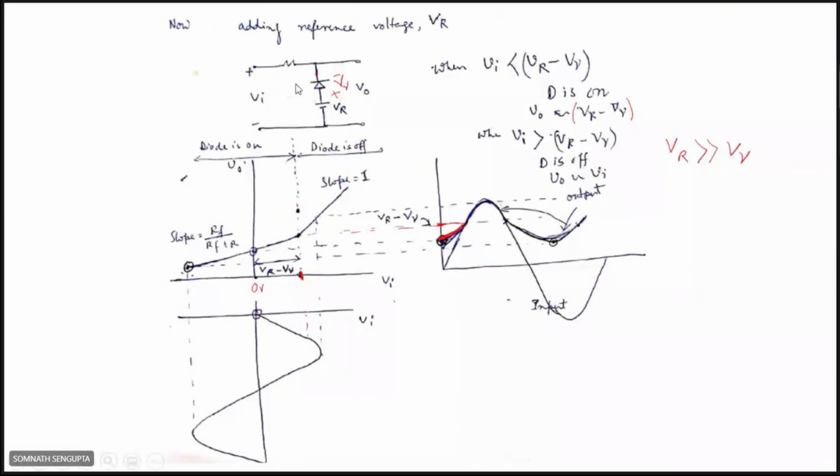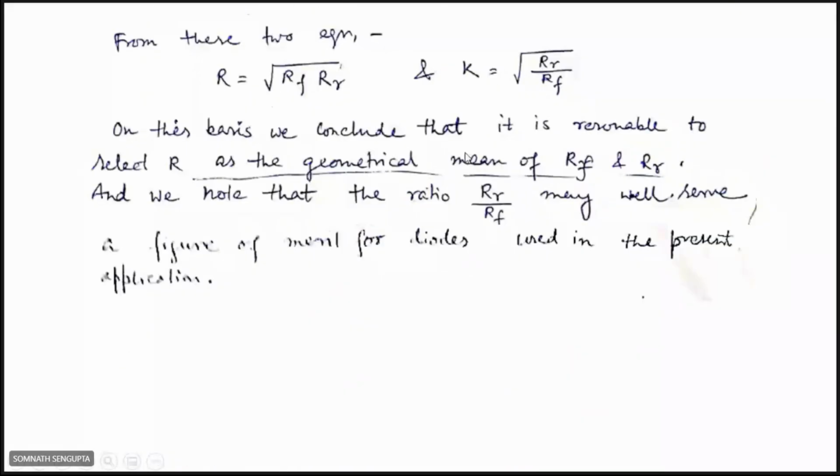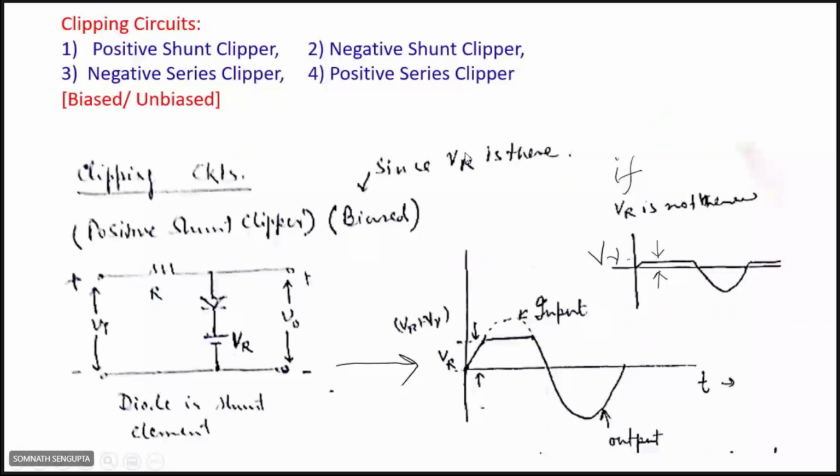Now we are talking about some clipping circuits. Listen carefully: there are four types of clipping circuit: positive shunt clipper, negative shunt clipper, negative series clipper, and positive series clipper. All these circuits use a single diode.